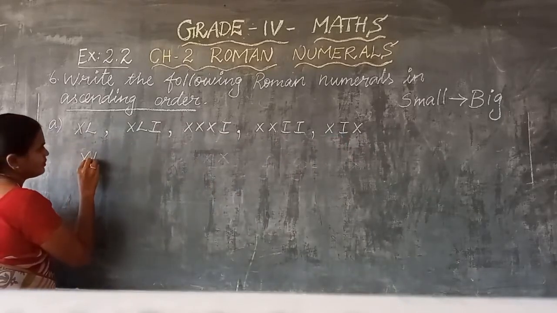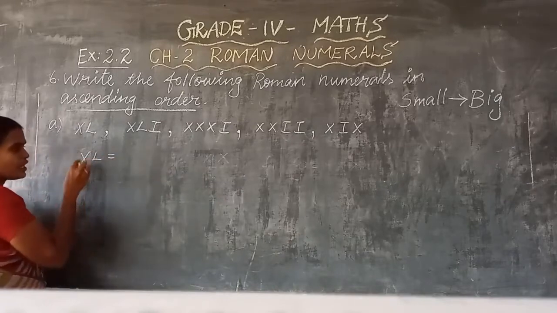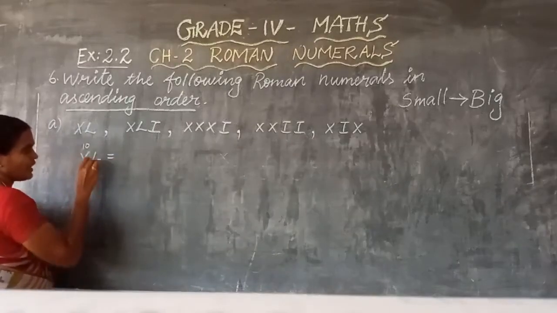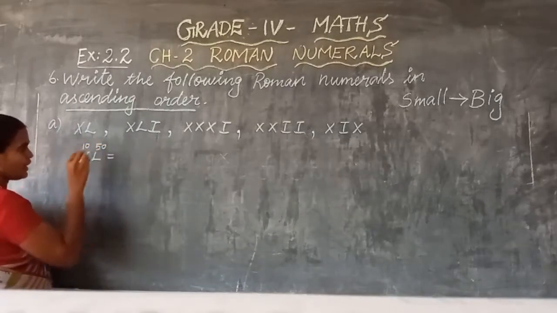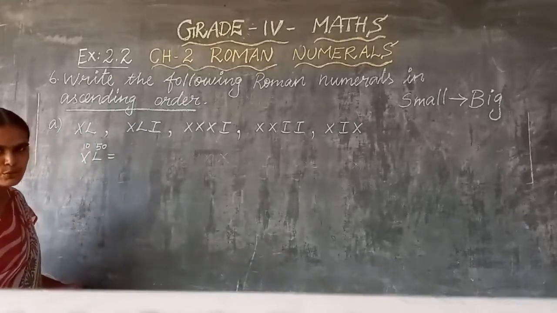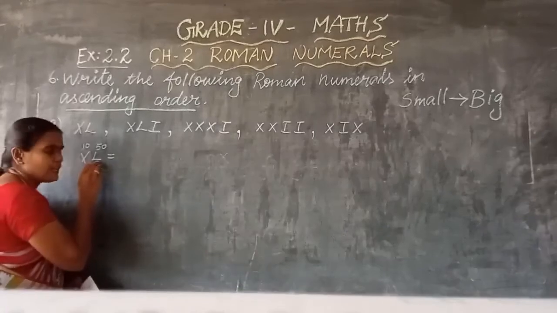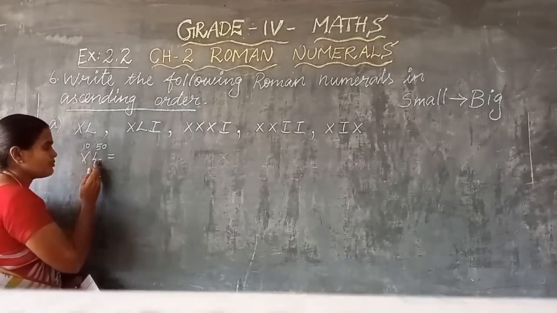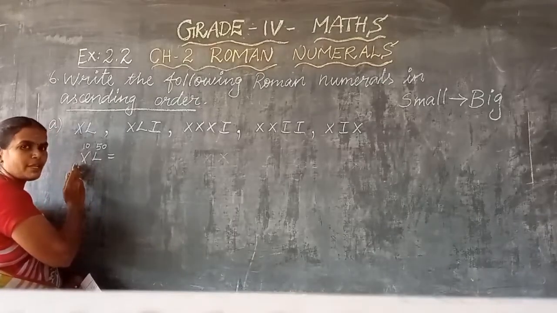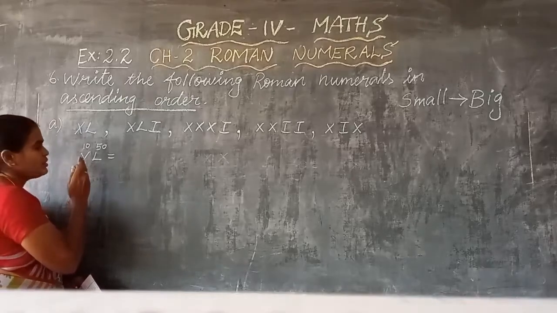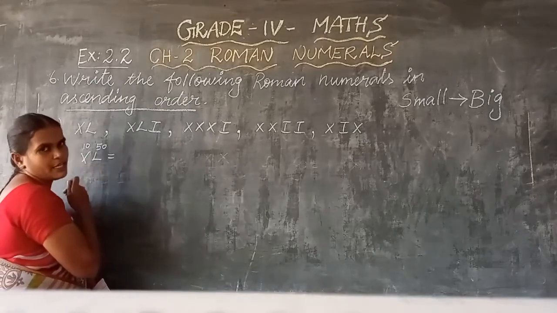XL. X value 10, L value 50. We know the rules. Here, which one is the greatest number? 50. Greatest number, left side small number means subtraction. Right side small number means addition.